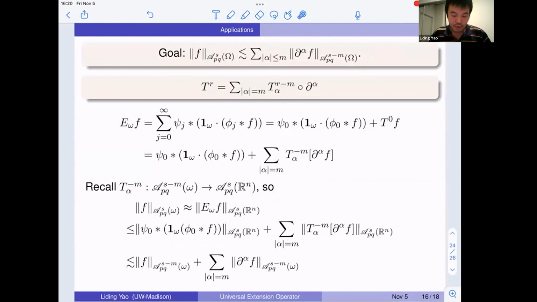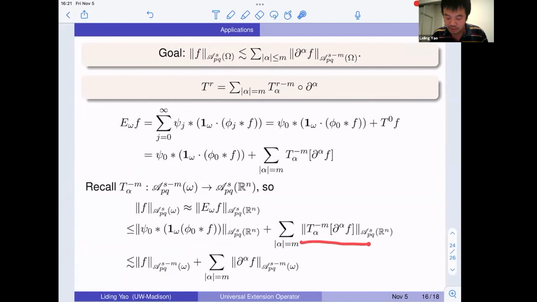So the zero order term is actually a good thing in the sense that if we take the Besov or Triebel-Lizorkin norm, it can just be replaced by f itself, and it gains arbitrarily many derivatives. So here the order does not have to be s minus m; it could be s minus any large number. And the term we have, T_{-m}, actually gains m derivatives.